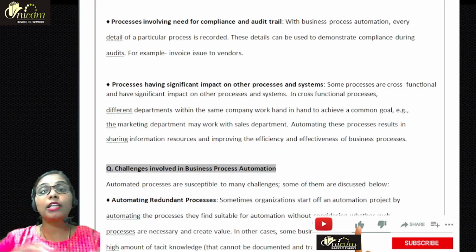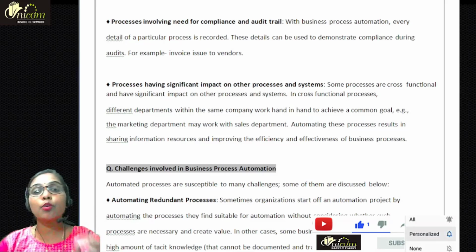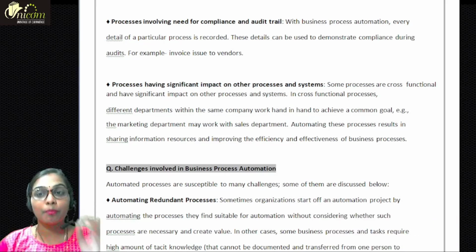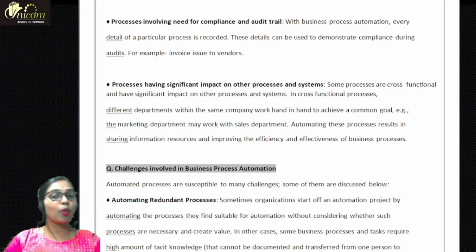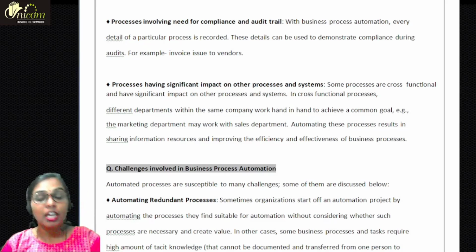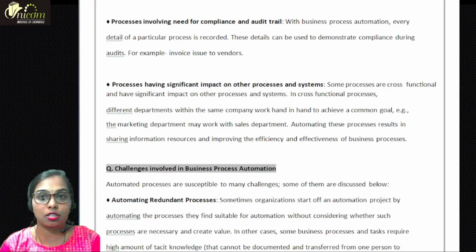Hence, departments are related to each other, and it can only work when proper information is passed from one department to another, right? Hence, there will be proper efficiency and effectiveness of the business process.